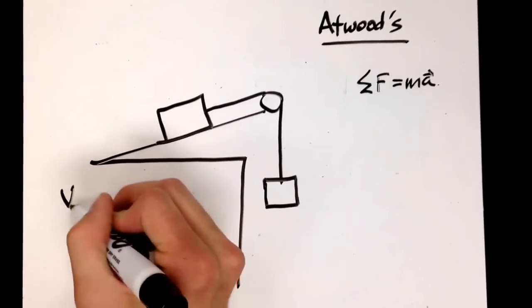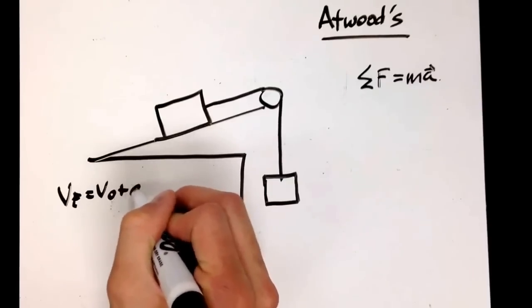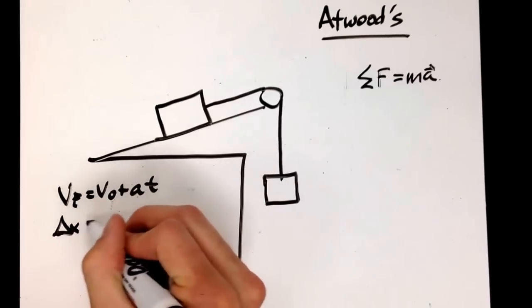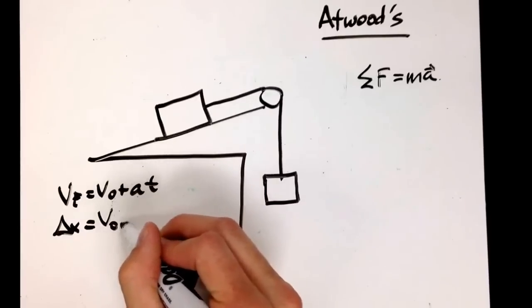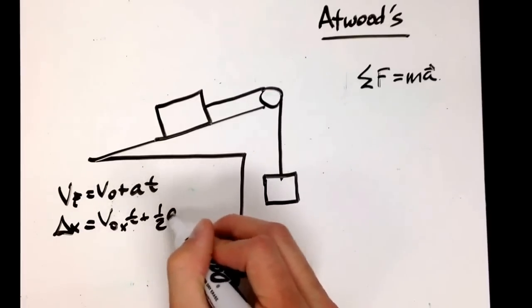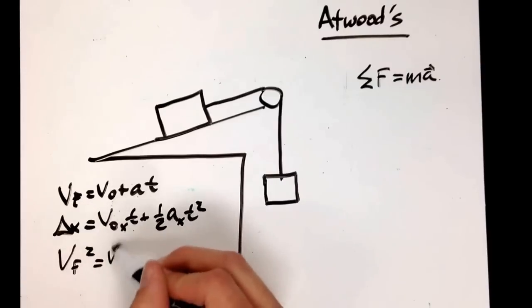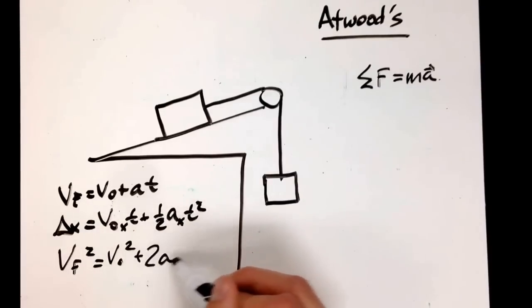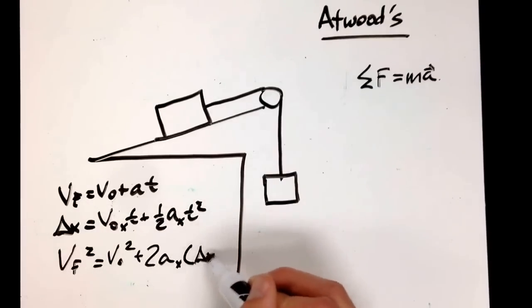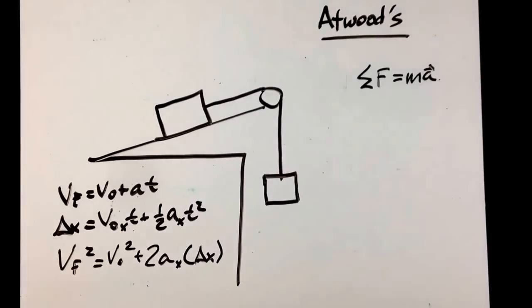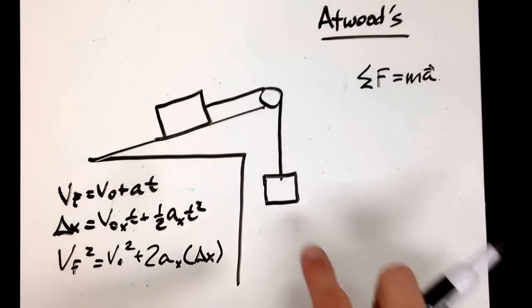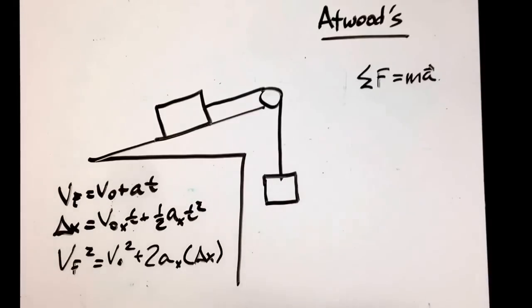So we had V final equals V initial plus AT, delta X equals V naught X T plus 1/2 A X T squared, and then V final squared equals V initial squared plus 2 A X delta X. Okay. Now, in the lab today, really the only measuring equipment that you had was a set of known masses and a scale, and then a timer and a meter stick.